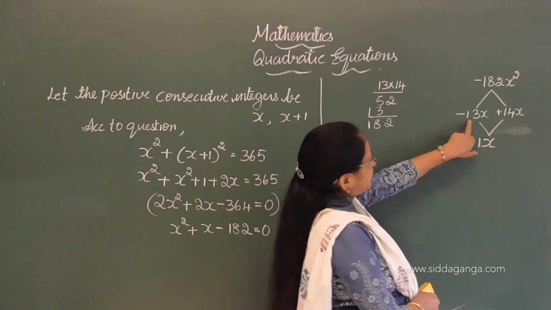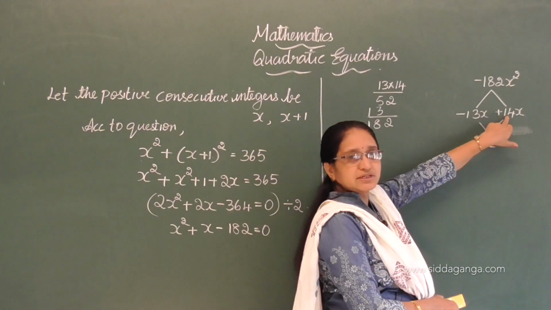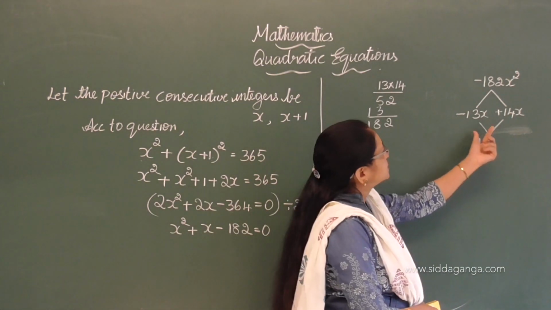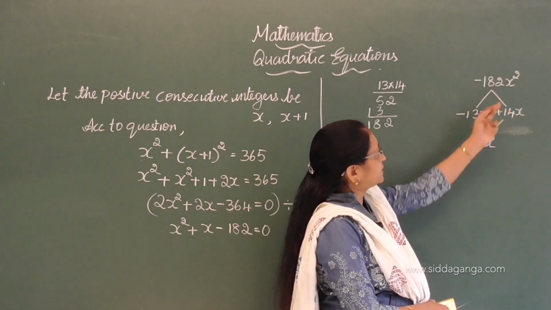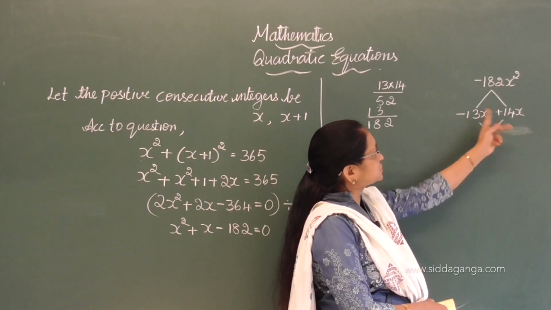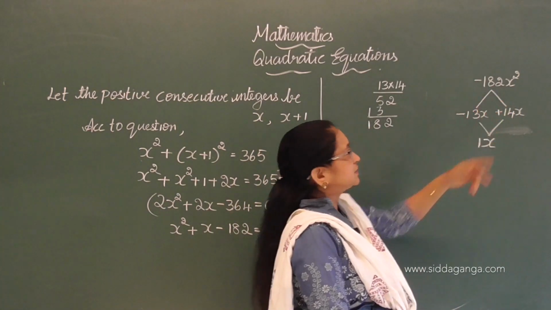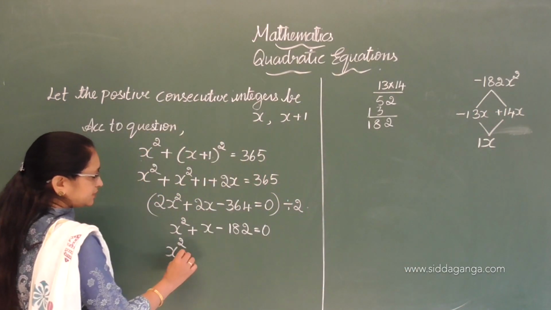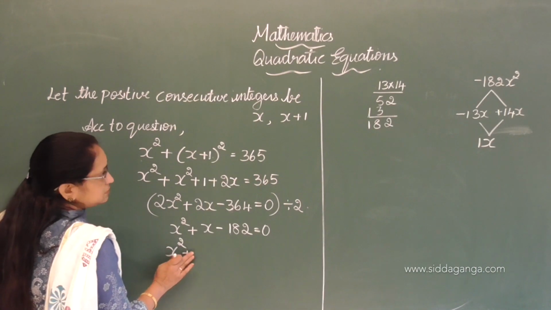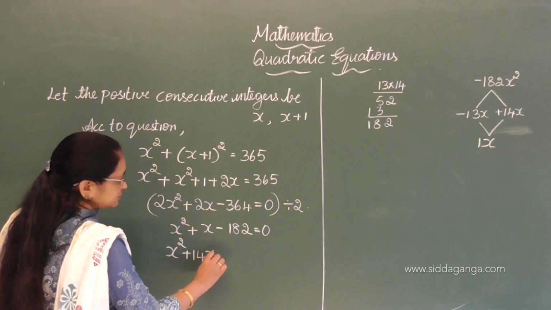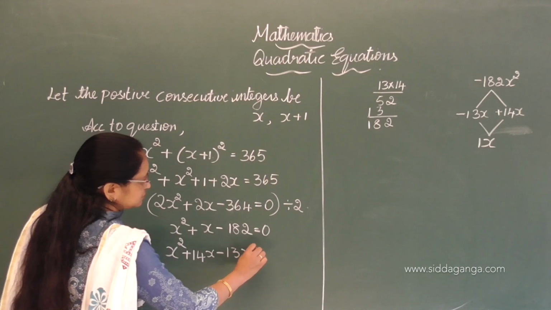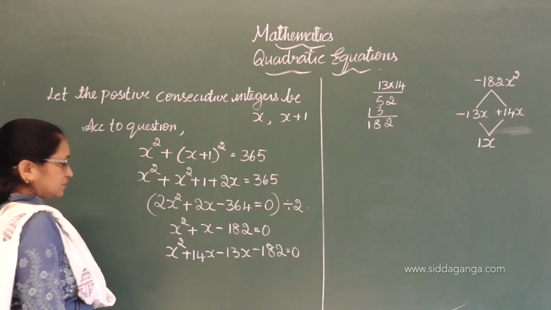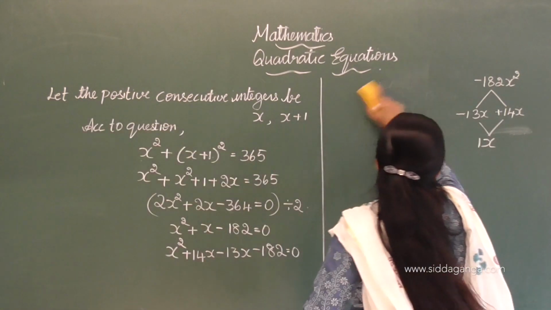Minus 13x plus 14x will give you plus 1x, and when you multiply you will get minus 182, x into x is x square. So here you can put x square plus 14x minus 13x minus 182 is equal to 0. Now let us see.